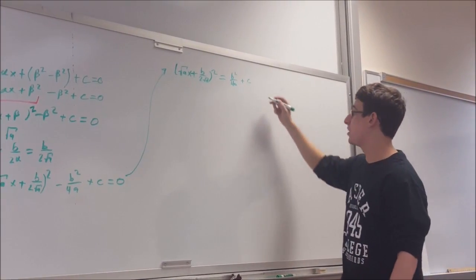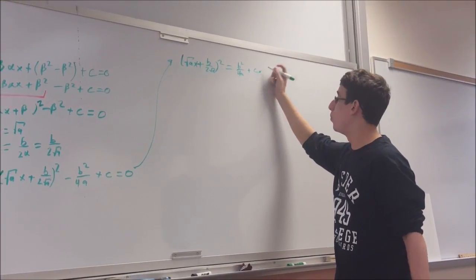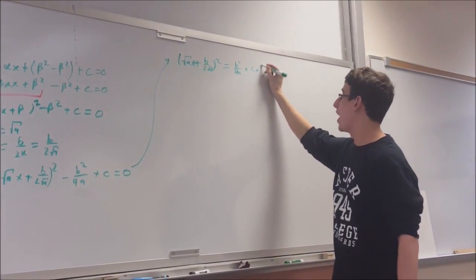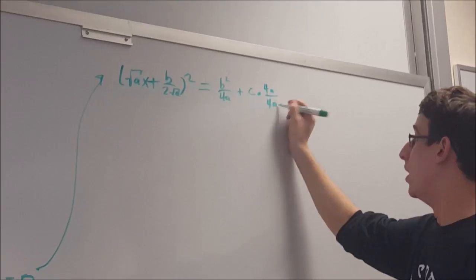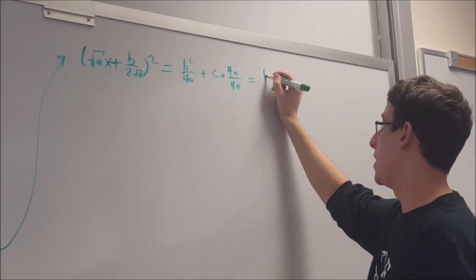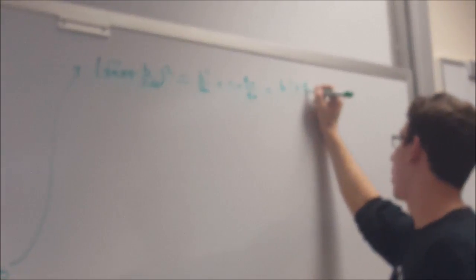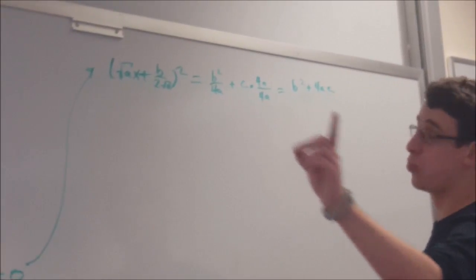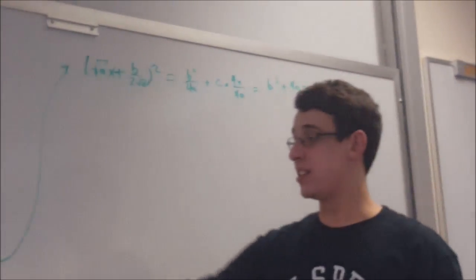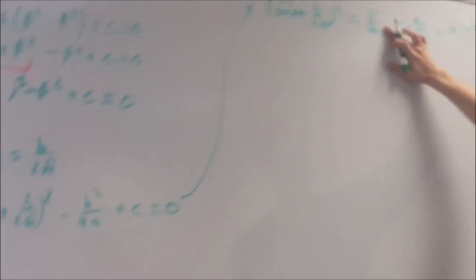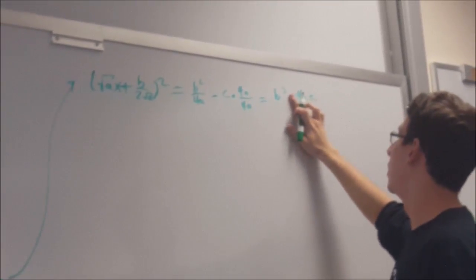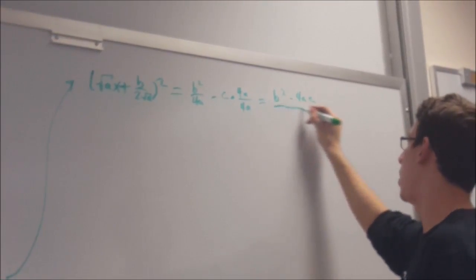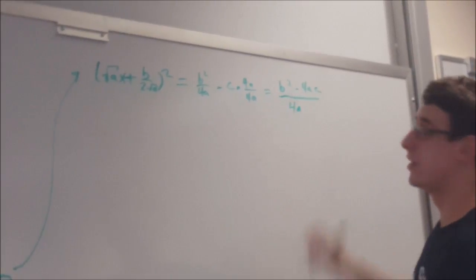The fastest way to do that would be to multiply c by 1, or in this case, 4a over 4a. So that's going to give us b squared plus 4ac. Correction, because this was positive over here, it's actually minus c there. So it's going to be minus 4ac, and all of that's going to be over 4a.